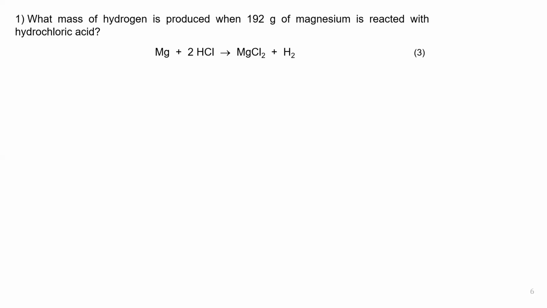So you should know where these questions are coming from. What mass of hydrogen is produced when 192 gram of magnesium is reacted with hydrochloric acid?